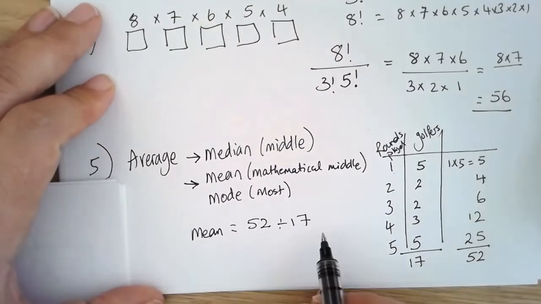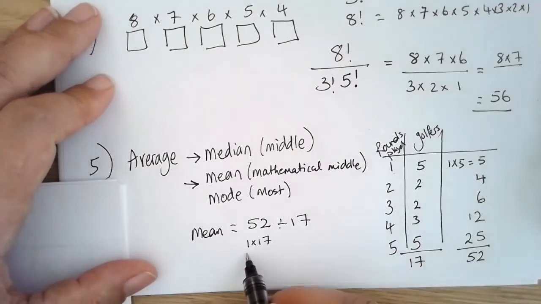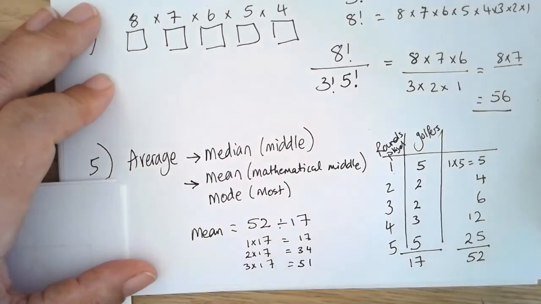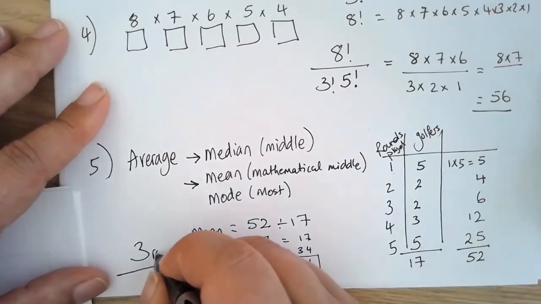Now, without a calculator, that's a tricky calculation to do, but what I then did was write my 17 times table down here. 17, 34, 51. 51 is very close to 52. So to the nearest whole number, we'd be looking at 3. So the answer is 3 rounds.